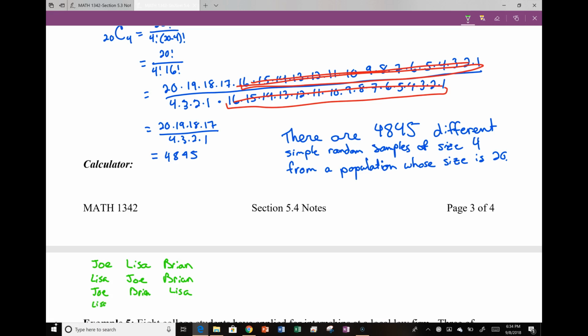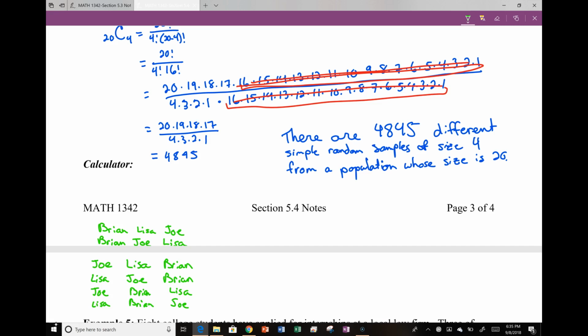I could pick Lisa, Brian, Joe. I could pick Brian, Joe, Lisa, or Brian, Lisa, Joe. So again, it doesn't really matter which way I pick them. I'm still picking the same 3 people. Say that I pick them for a group. I'm still picking the exact same 3 people.